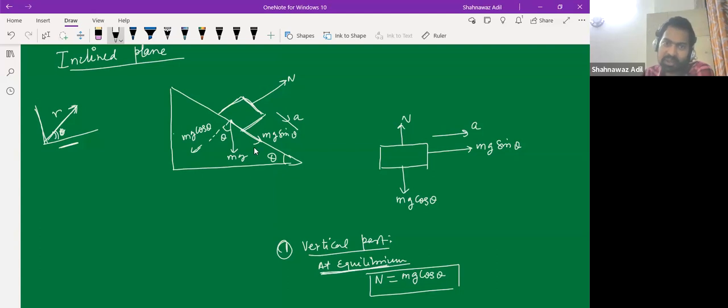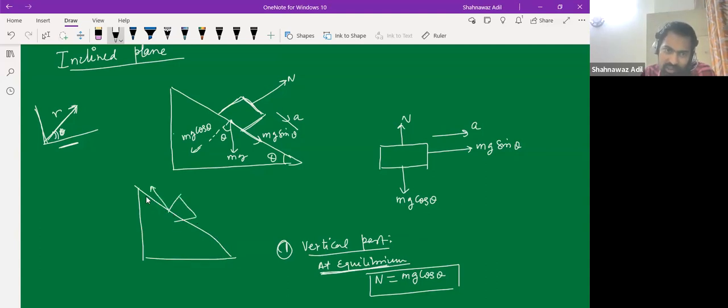When the surface is not smooth and has some roughness, then we'll have some friction in this direction that will oppose the motion.